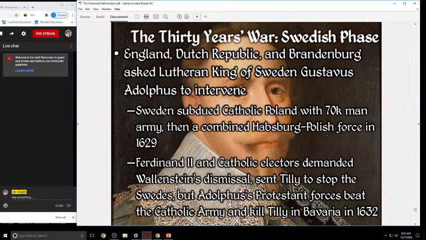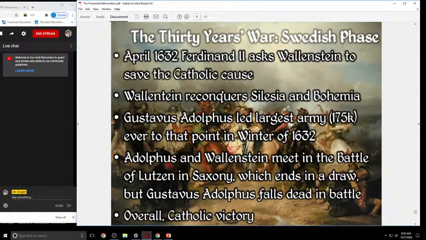And so now the question is, are they going to go back to Wallenstein? So they do. In April of 1632, Ferdinand II comes back to Wallenstein to save the Catholic cause. And Wallenstein reconquers Silesia and Bohemia.